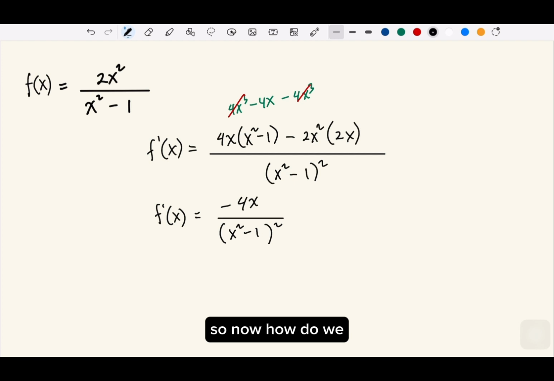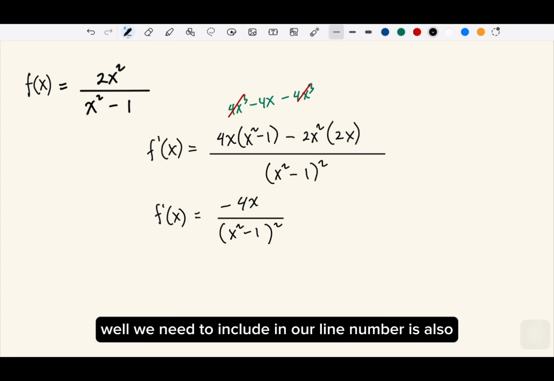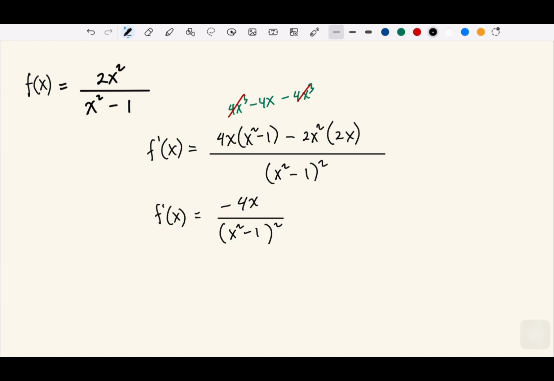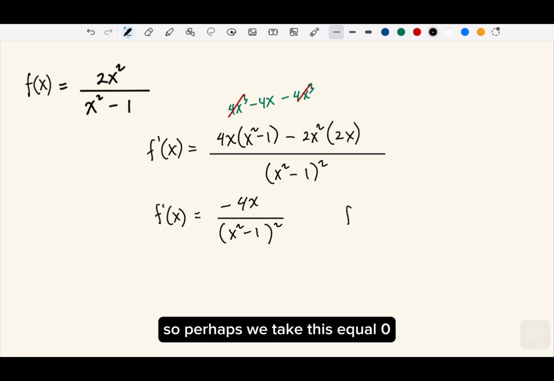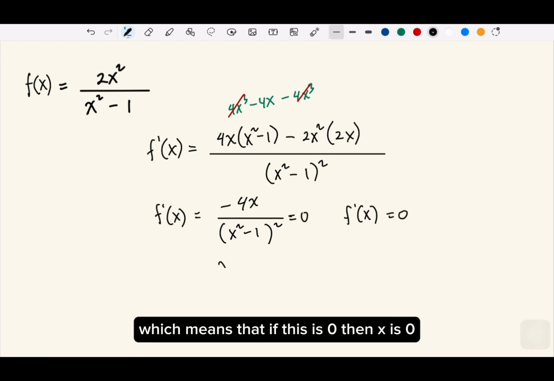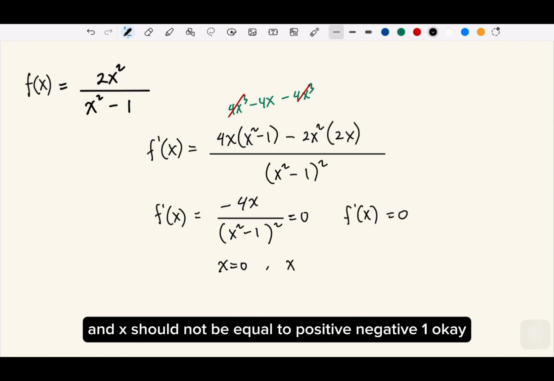So now how do we know which one is the maximum, minimum, critical numbers? The possible way is x is 0, and the other one, remember, what we need to include in our line number is also the one that makes it undefined. So perhaps we take this equal 0, which means that if this is 0, then x is 0, and x should not be equal to positive or negative 1.